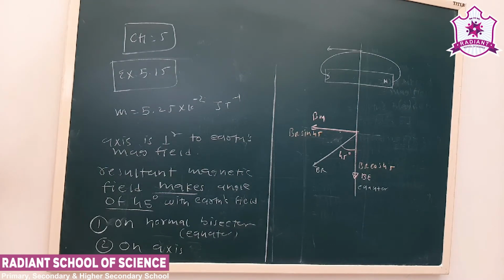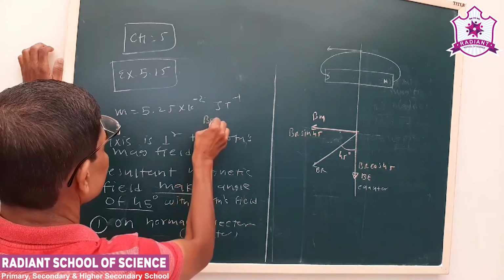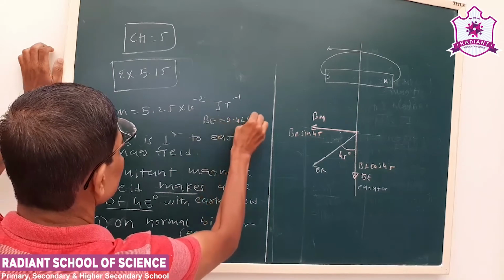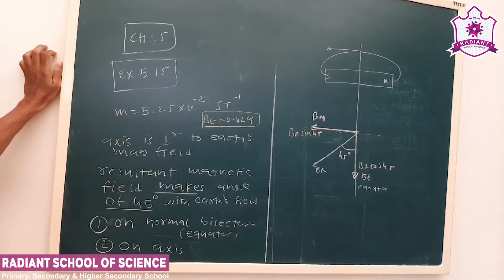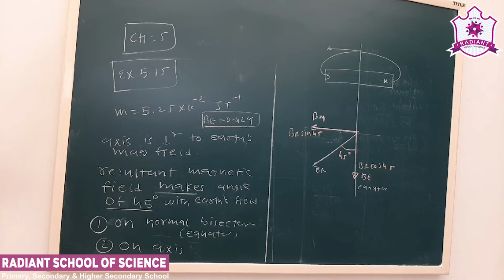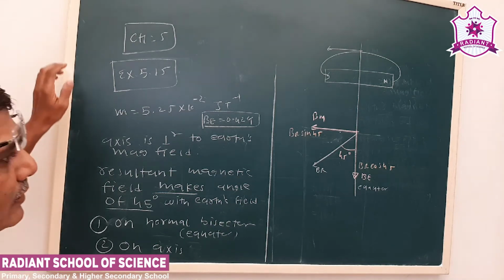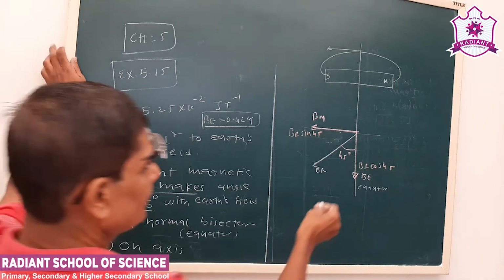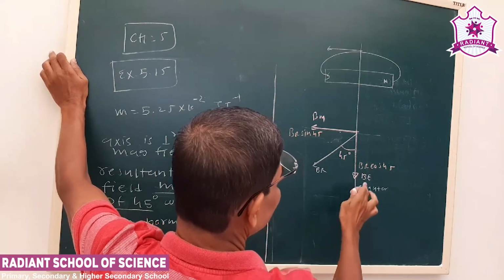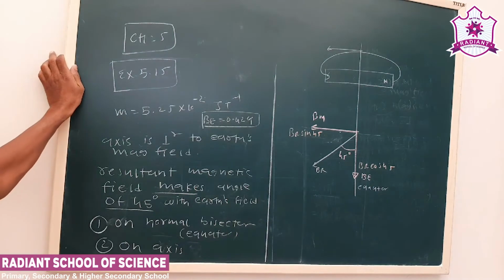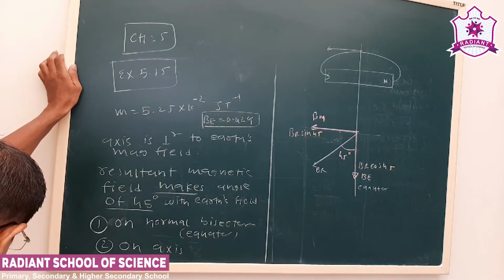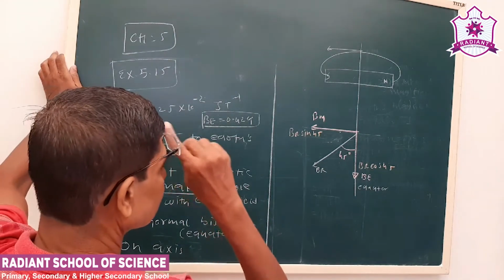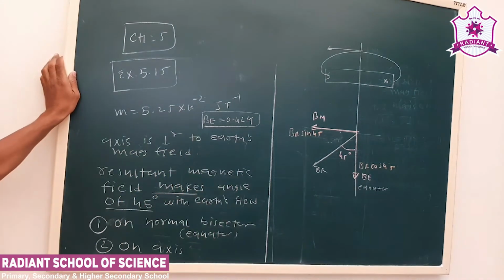Now the value of the Earth's magnetic field is given as 0.42 Gauss. We have to find out the distance. Now see, BR cos 45 is equal to BE, and BR sin 45 is equal to BM.